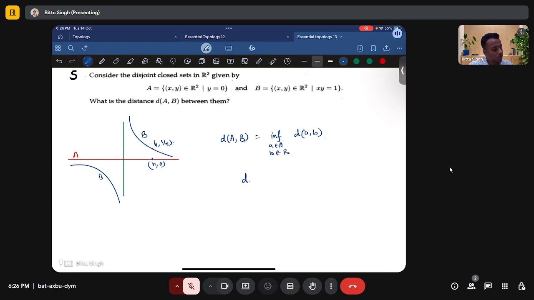Consider this is bn and this is an. Then d(an, bn), the distance is given by this formula: square root of (n minus n) squared plus (1/n minus 0) squared, right? This is the distance in the Euclidean metric. So this is actually 1 by n. Therefore, the infimum over all such a belongs to A and b belongs to B must be 0, right?